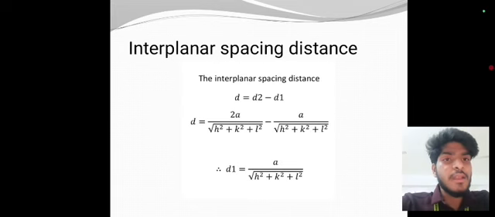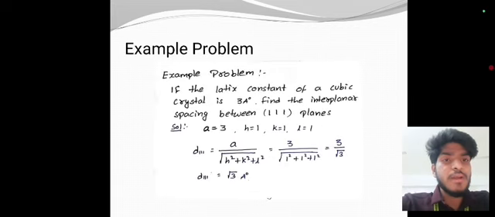Now you can see an example problem based on interplanar distance. If the lattice constant of a cubic crystal is 3 angstrom, find the interplanar spacing between the 111 planes. Here they give a equal to 3, and the Miller indices h equal to 1, k equal to 1, l equal to 1.